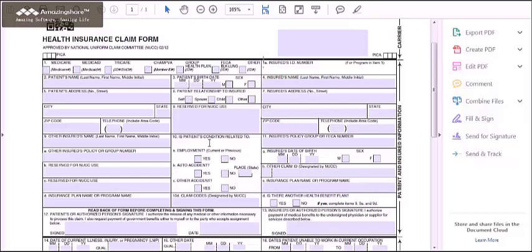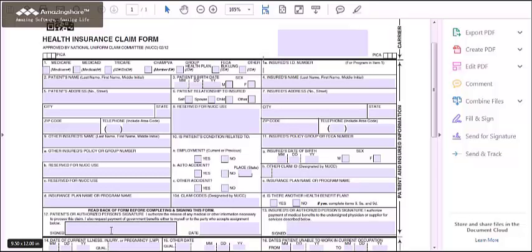If the patient's condition is related to employment, auto accident, or other accident, it would be noted here, either yes or no. Field number 12 is for the authorized person's signature. It should either contain signature on file or a legible signature.